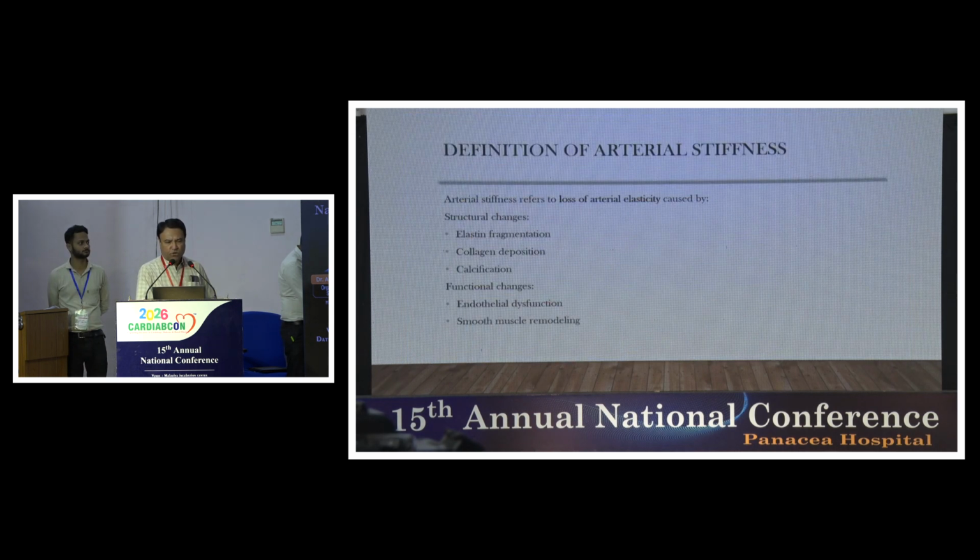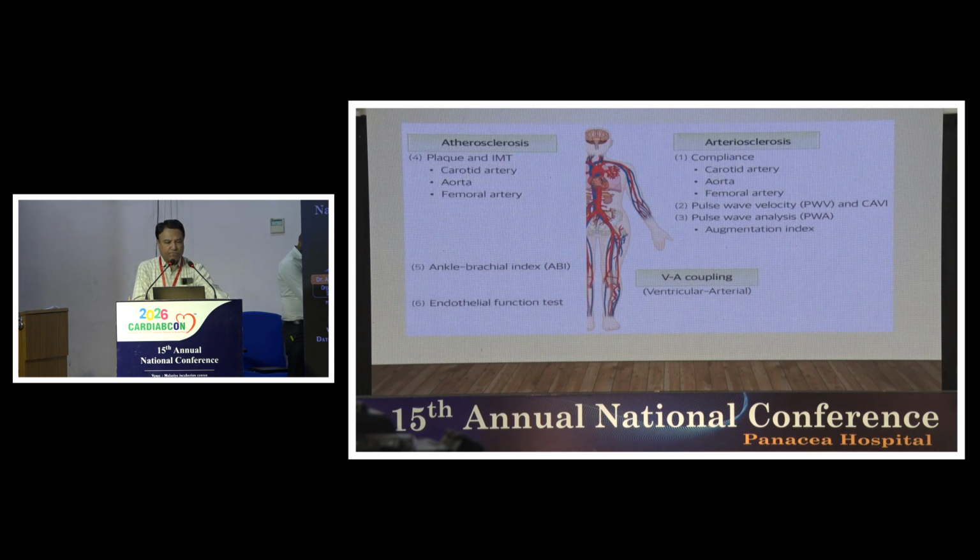Over a period of time there are changes happening, and this causes stiffness of the arteries. We define arterial stiffness as the loss of arterial elasticity caused by structural changes, at a pathophysiological level because of elastin fragmentation, collagen deposition, or calcification, or functional changes where endothelial function and smooth muscle remodeling are responsible.